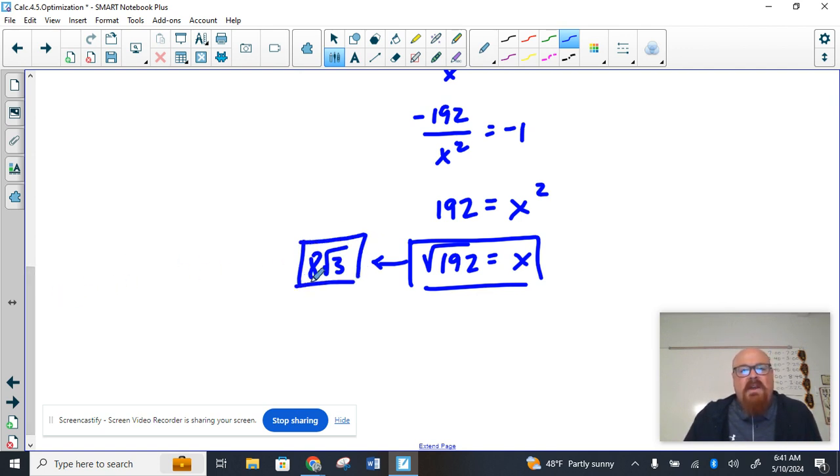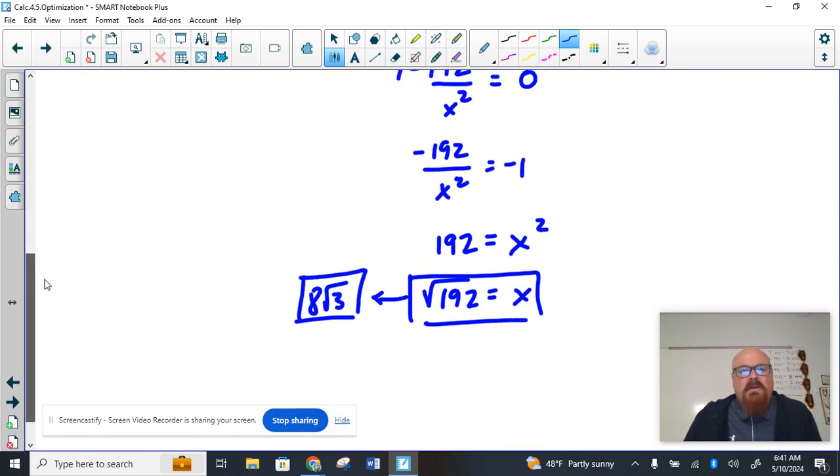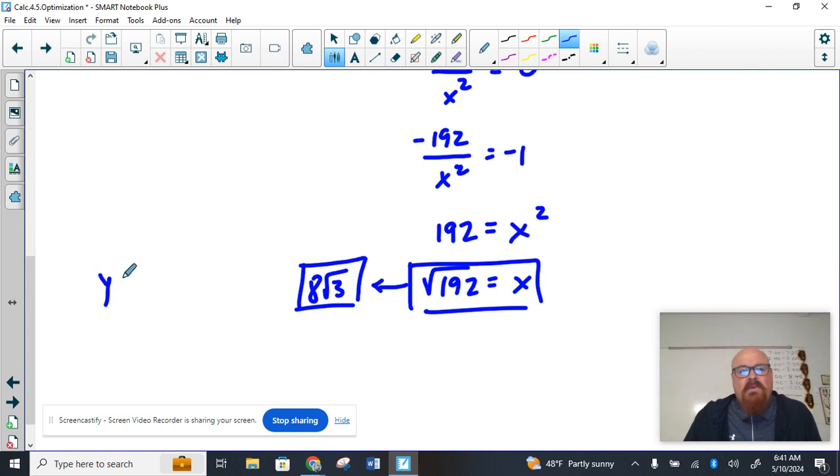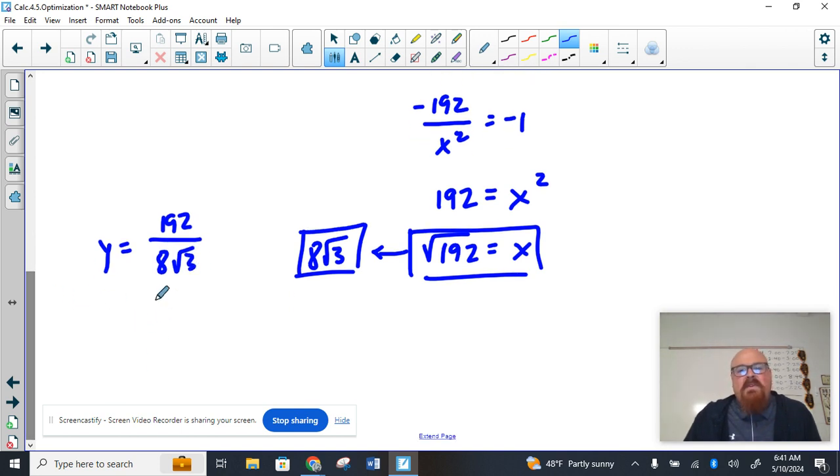So we have this value for x. So our value for y, as we showed up here, y is equal to 192 over this, okay? If you did the square root of 192, I mean, actually, that might actually be cleaner, but we're already here. So this would be our value for y.